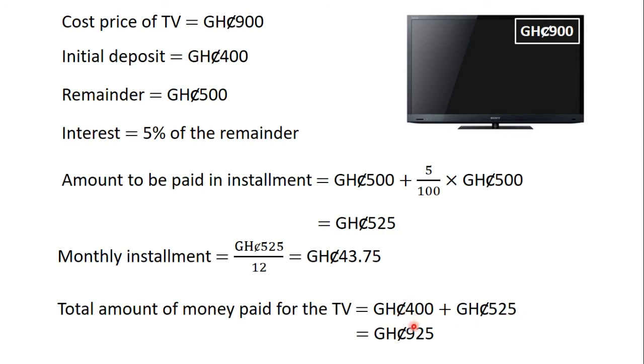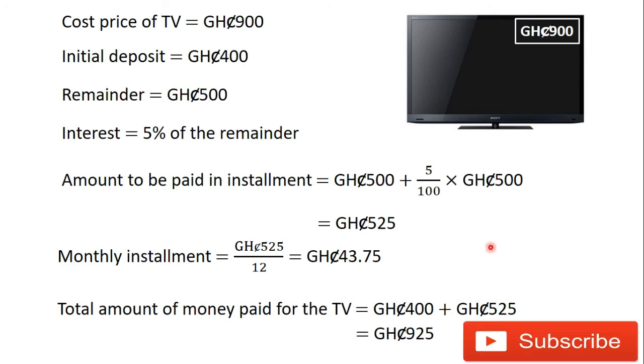When you add these two, you have 925 Ghana cedis. The actual cost price of the television was 900 cedis, but because Kofi bought the television on hire purchase, he paid 925 Ghana cedis.